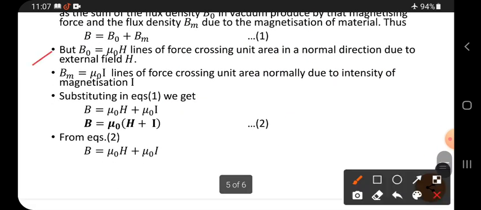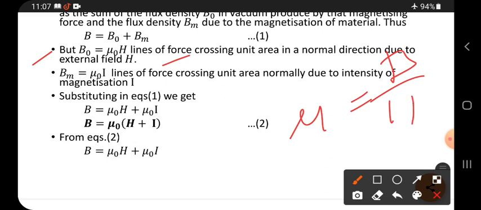That is the explanation. B naught is equal to mu naught into H. We already have the formula mu is equal to B by H, so for free space it is mu naught, and bringing this to the other side, B naught is equal to mu naught into H. This is the lines of force crossing unit area normally due to the external field.